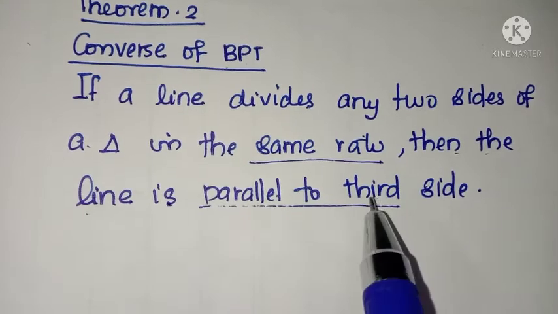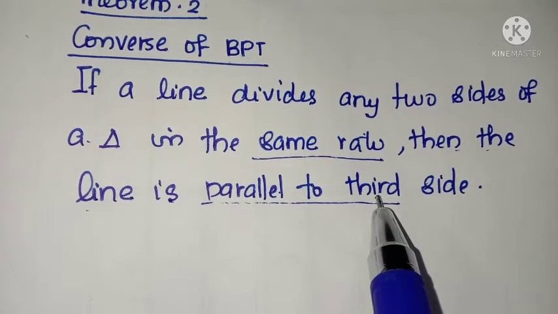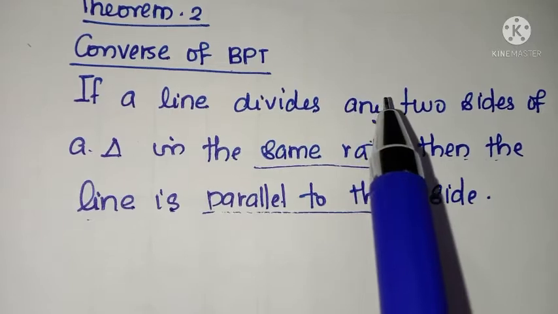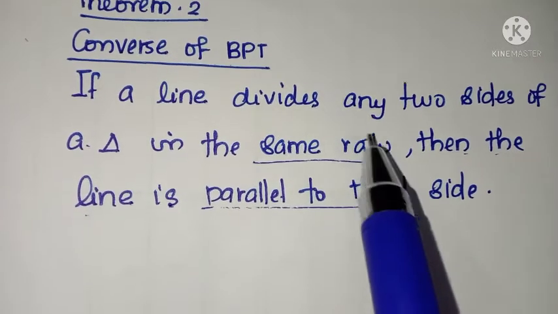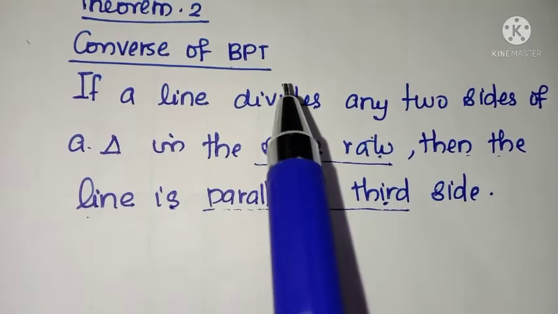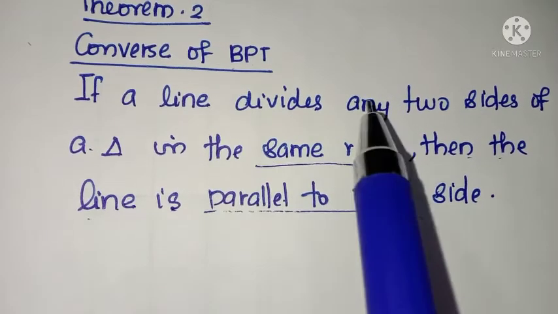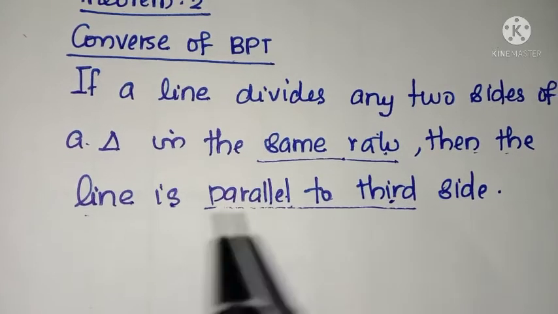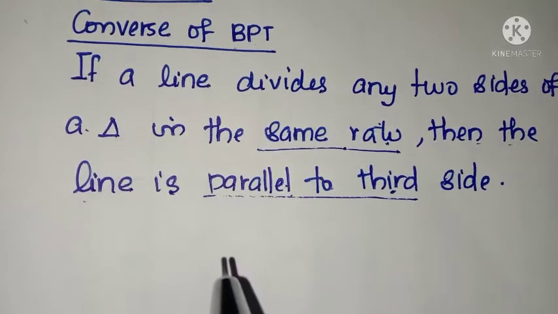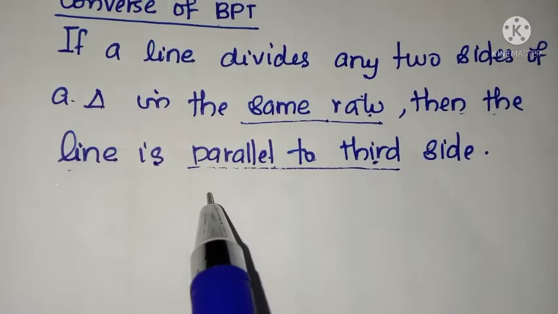If a line is parallel to the third side, then the other two sides are divided in the same ratio. So the converse of BPT states, if the sides are divided in the same ratio, then the line is parallel to the third side. I hope it's clear to you.